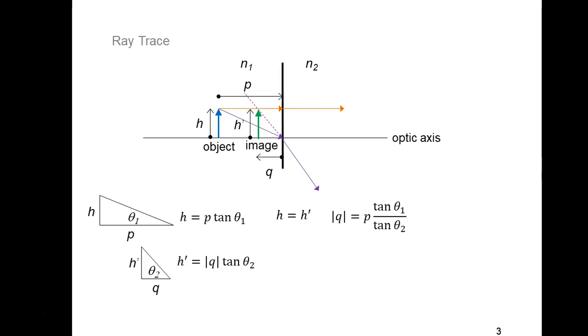Now, where that image point is located does depend on the incoming angle, theta 1, that this purple ray makes. And notice it also depends on theta 2, the angle that the refracted ray makes.